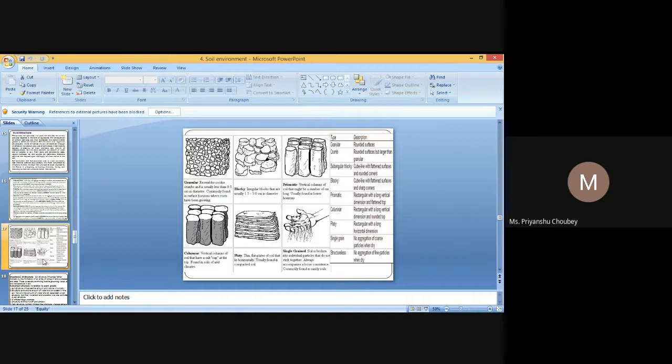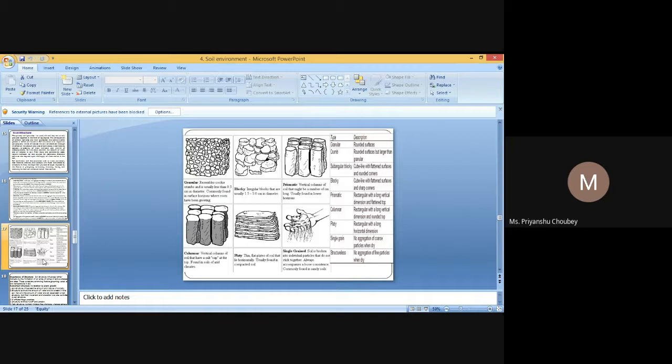Second one is blocky: irregular blocks that are usually 1.5 to 5.0 centimeters in diameter. Third one is prismatic: vertical columns of soil a number of centimeters long, usually found in the lower horizon.